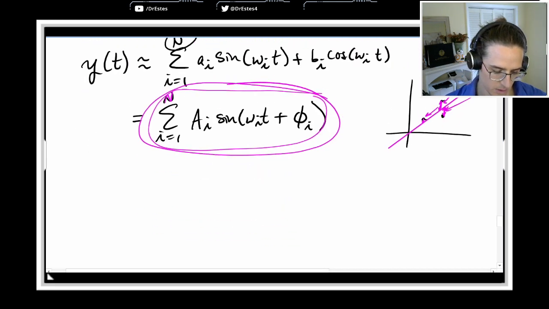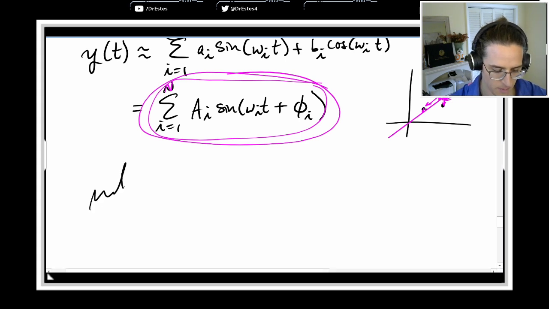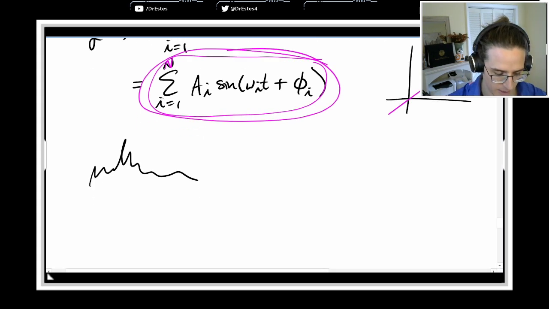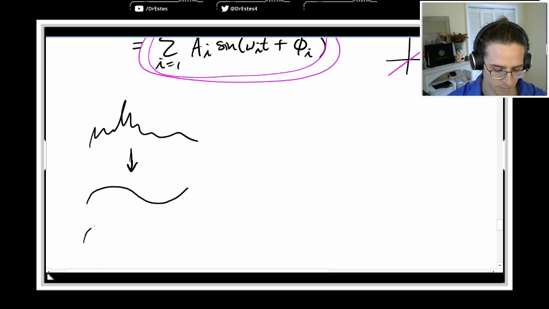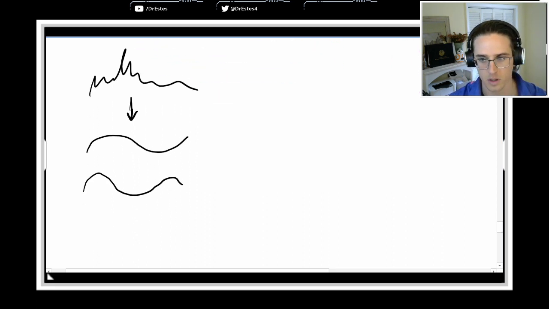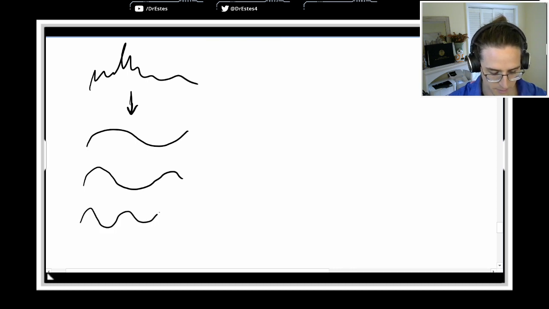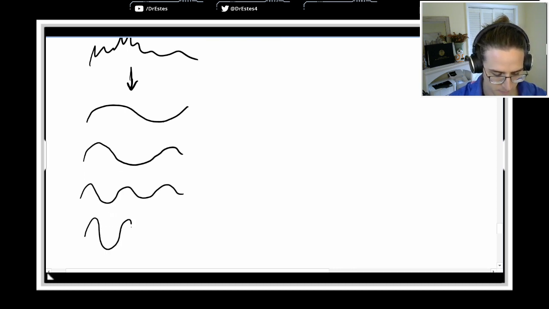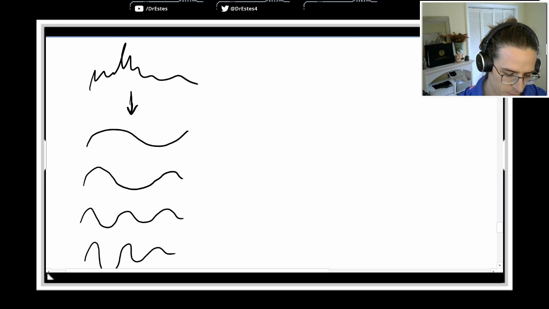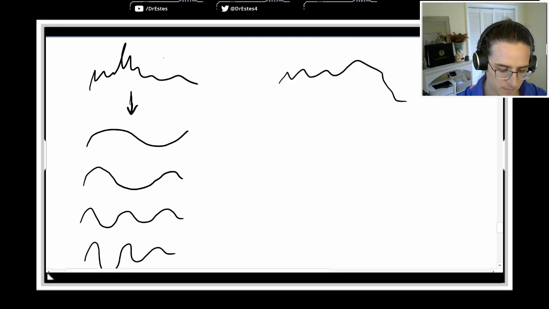Effectively, that's going to take a complex signal and turn it into all of its individual components, which are smooth sinusoids of different frequency. And what if we do the same thing with the output?